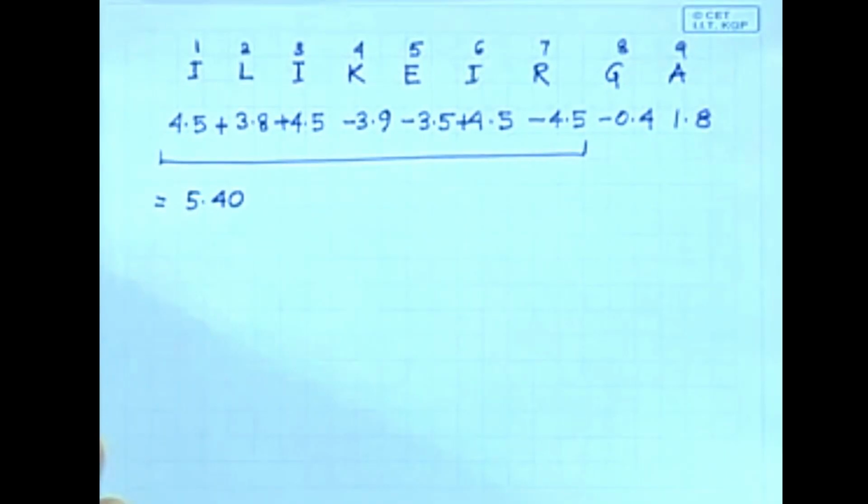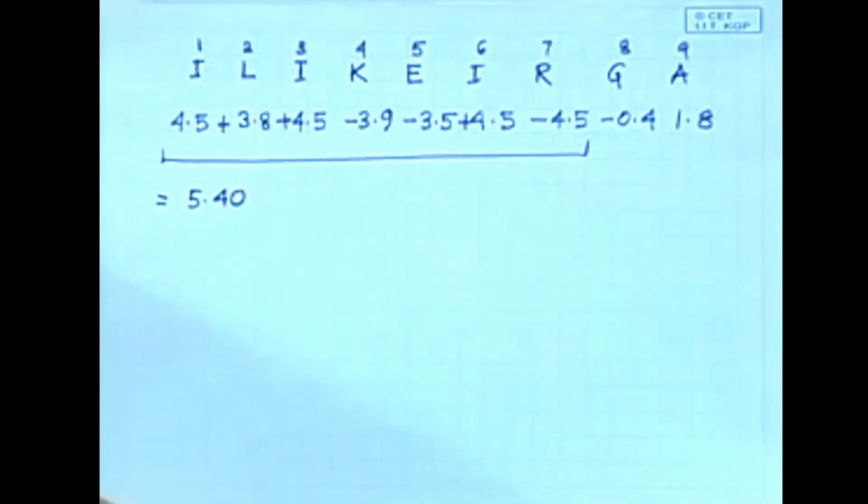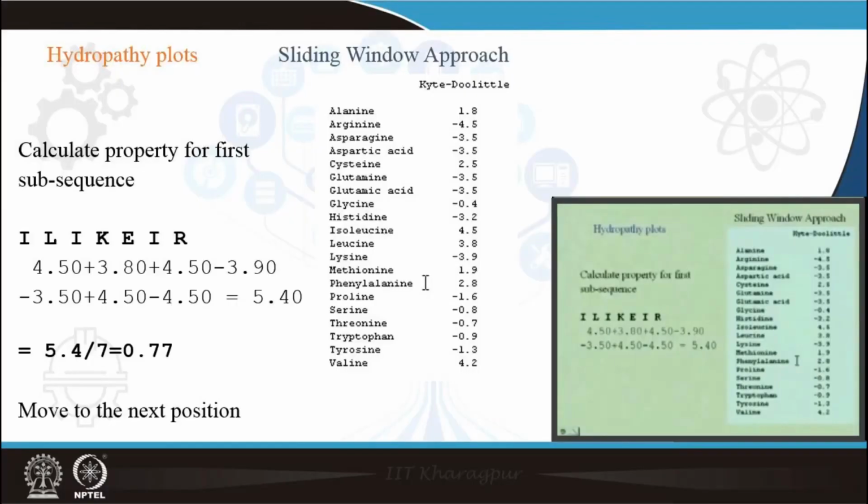What do we want? We go back to the slides here. We have the total as 5.4. We want the average of this. So, we divide by 7, 0.77. This is assigned to the central residue.